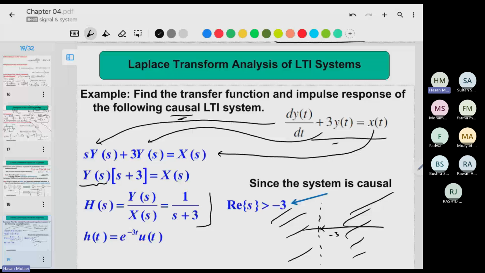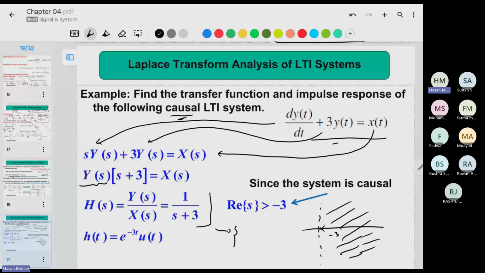So since they mentioned it should be a causal system, we should consider the right side. Why is it important? If they didn't mention causal, what would happen? If I don't know ROC is the right side or left side?